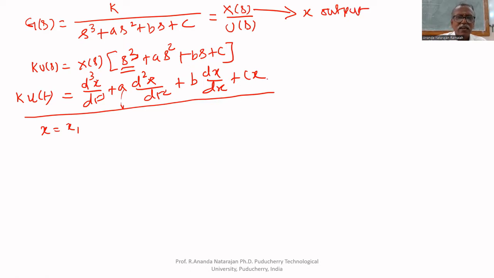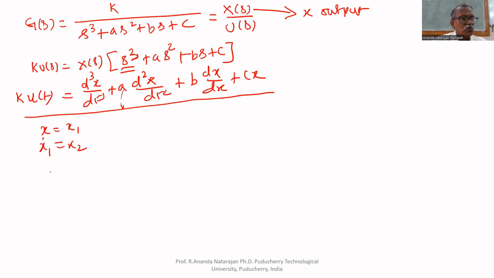I am finding another output, that is state variable x1. X equal to x1. x1 dot equal to x2. First derivative of the first variable is called the second variable x2.